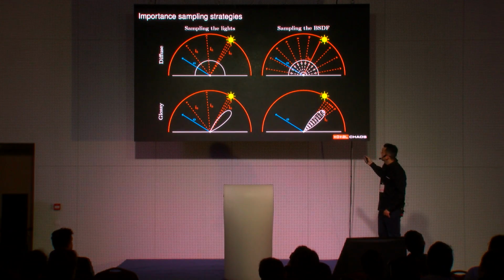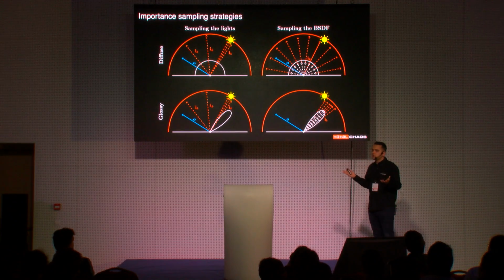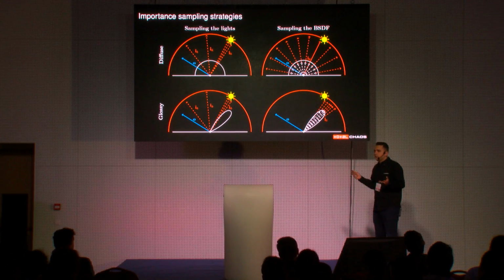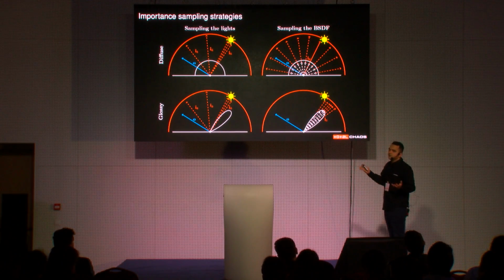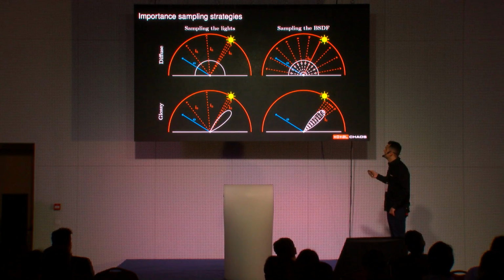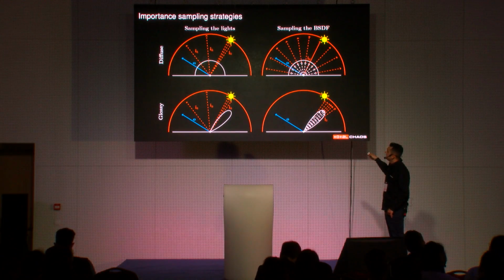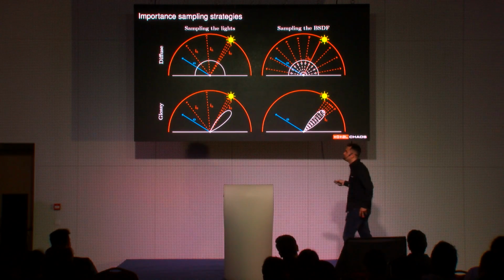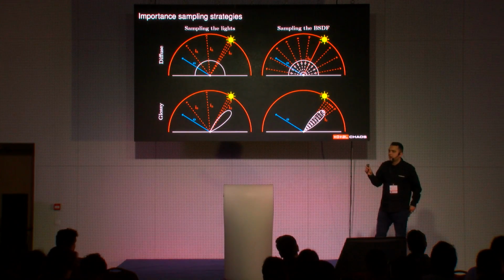So in the upper case, it just generates uniform random rays on the hemisphere, which in some cases may be efficient, and in some cases it is not efficient, because you can see we waste a lot of computational effort, and maybe just a small amount of these rays will hit the actual bright spots on the environment.